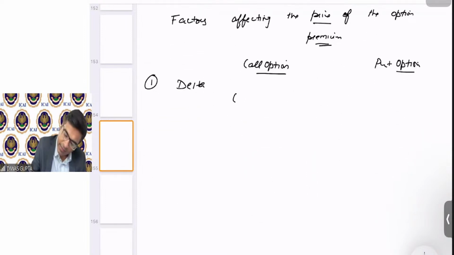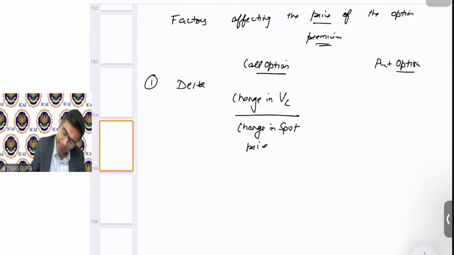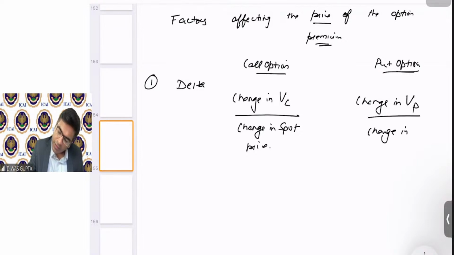can we say that this is the change in value of call option divided by change in spot price? Similarly, for put option, change in value of put option divided by change in spot price.